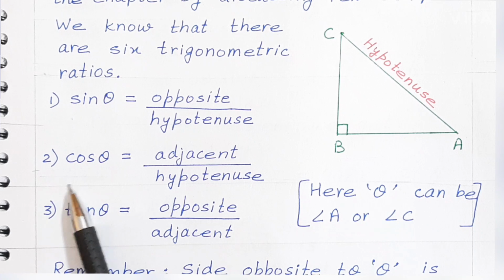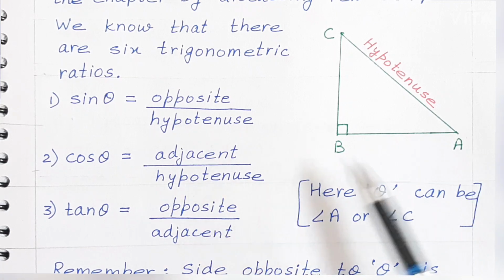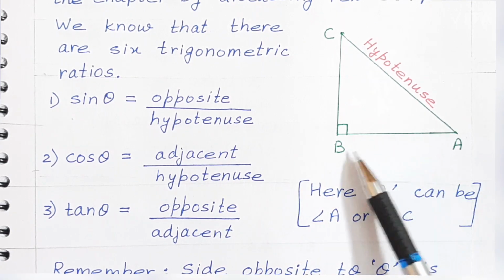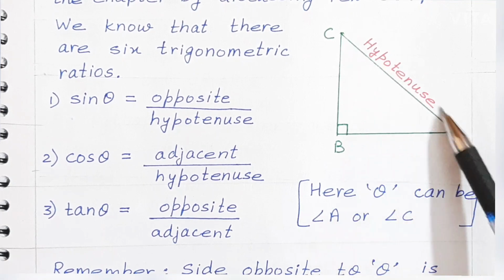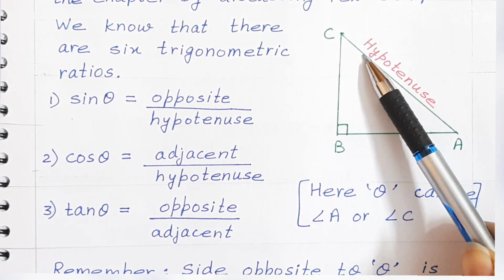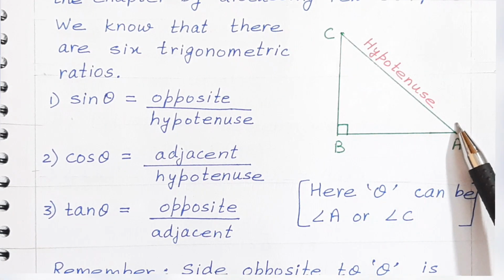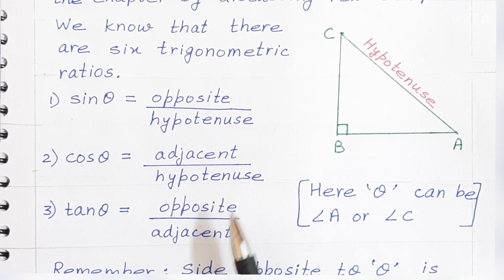Now cos theta is adjacent upon hypotenuse. So here cos A is AB upon hypotenuse and cos C is BC upon hypotenuse. Now next is tangent theta.